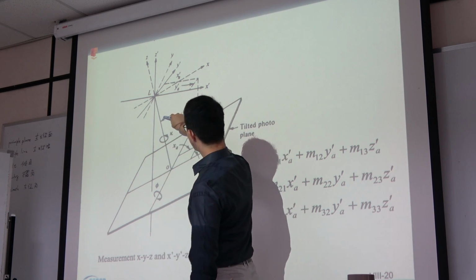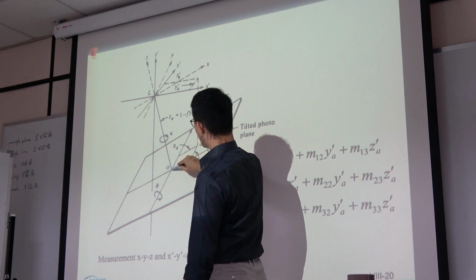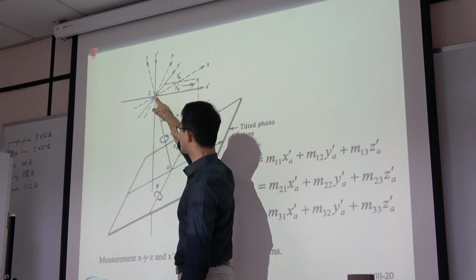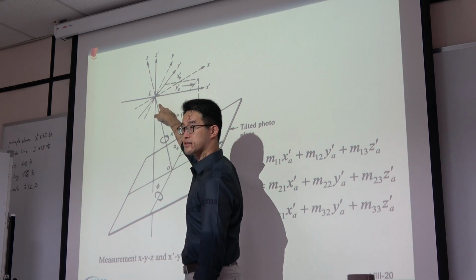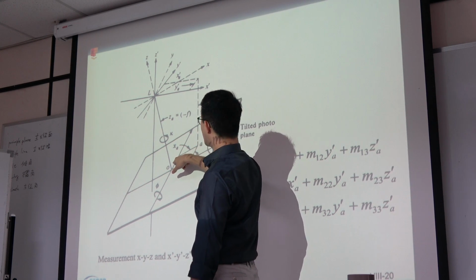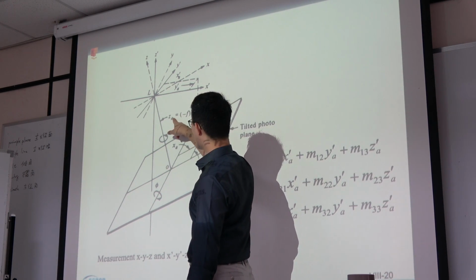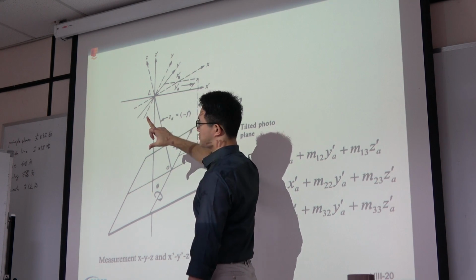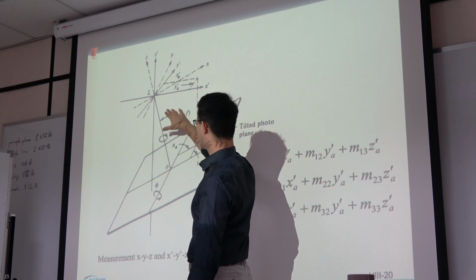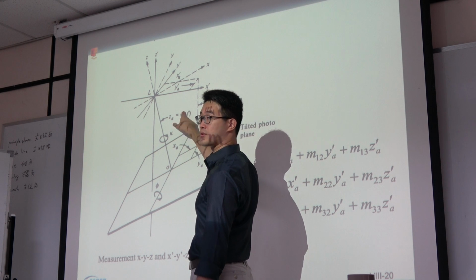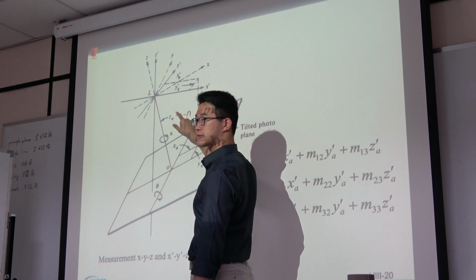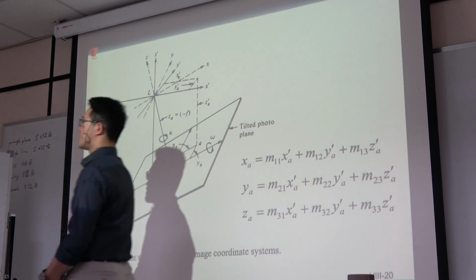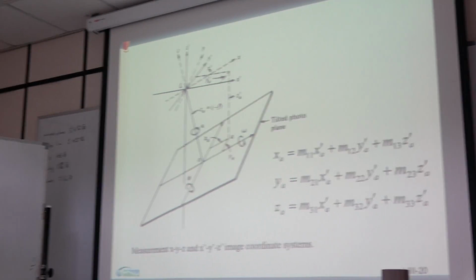Because the ZA is over here, the distance from the image plane to the perspective center is the focal length. So in this case, ZA equals minus f. If the focal length f is positive, then of course ZA should be negative. So let's replace ZA with negative f, and voila, that's what you have.